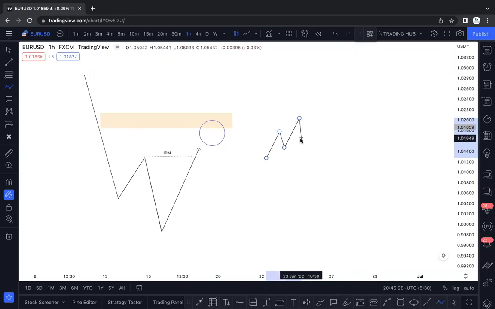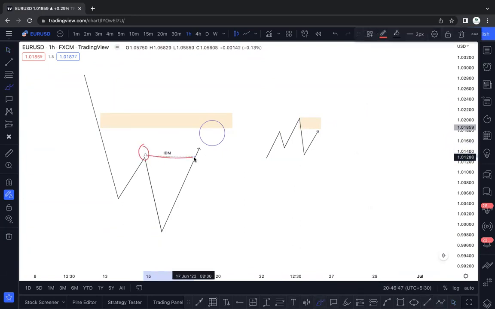Once price breaks this minor low, don't sell at this point. Why? Because the market must also take out the liquidity in the lower time frame. Price has already taken out the higher time frame liquidity here. Once price taps here, it must take out this high.